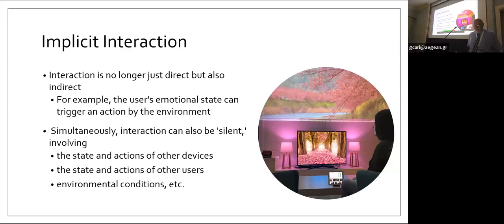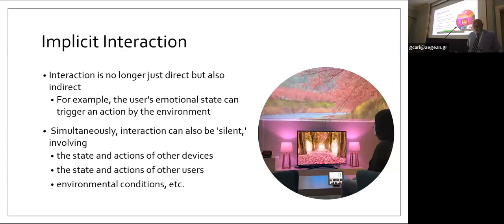In the image next to it, we see an example from a system that we have developed in the context of our ambient intelligence program, which adjusts the lighting of the room and changes the images projected on the wall based on an assessment of the user's anxiety. At the same time, the interaction is also silent.